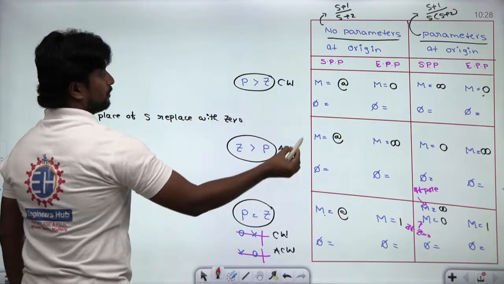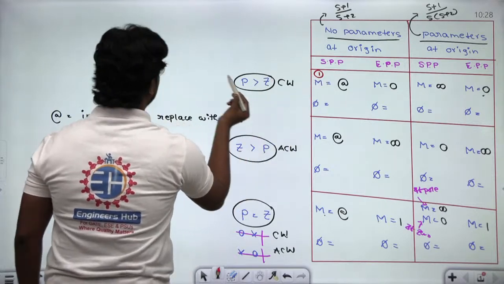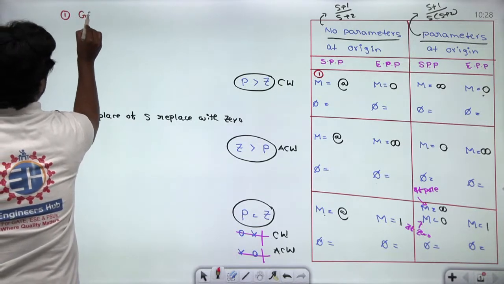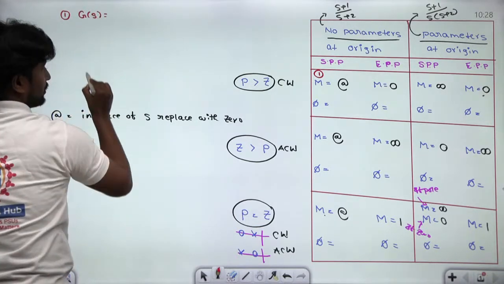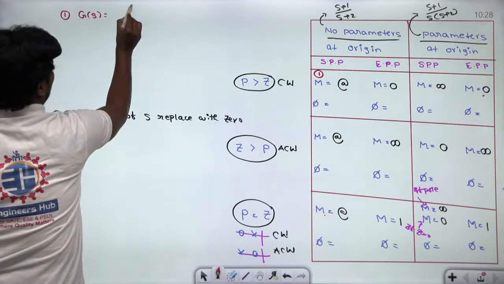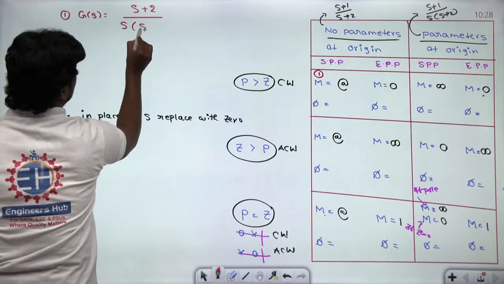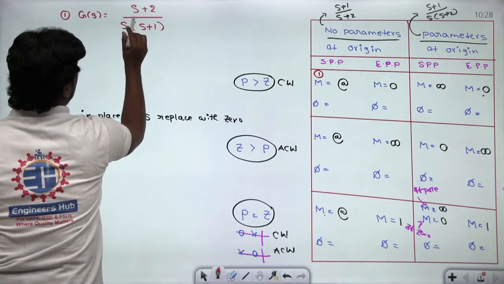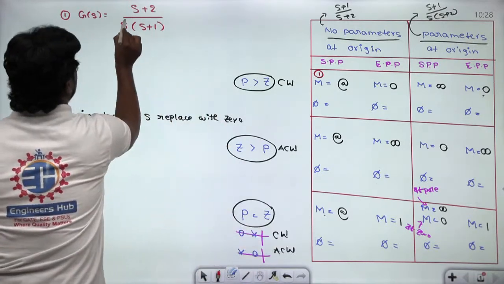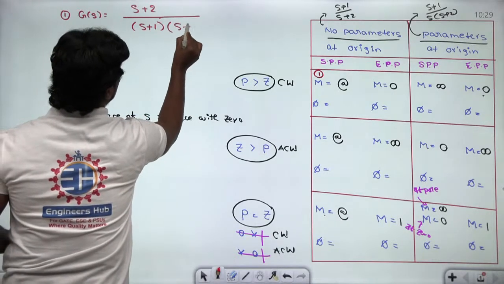So listen, for example, I'm assuming this is case 1. What is the case 1 example? Transfer function G(s) equals, guys, carefully listen, poles must be dominating with no parameters at the origin, like (s+2)/((s+1)(s+3)).